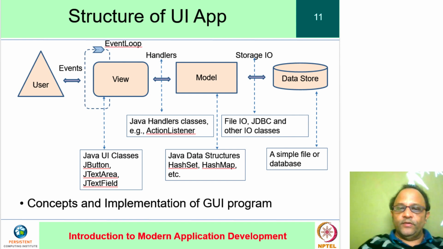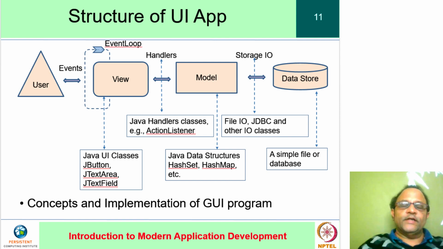Corresponding to the view, we have Java UI classes such as JButton, JTextArea, and JTextField. Corresponding to the handlers, Java handler classes such as ActionListener are used to connect the view to the model.